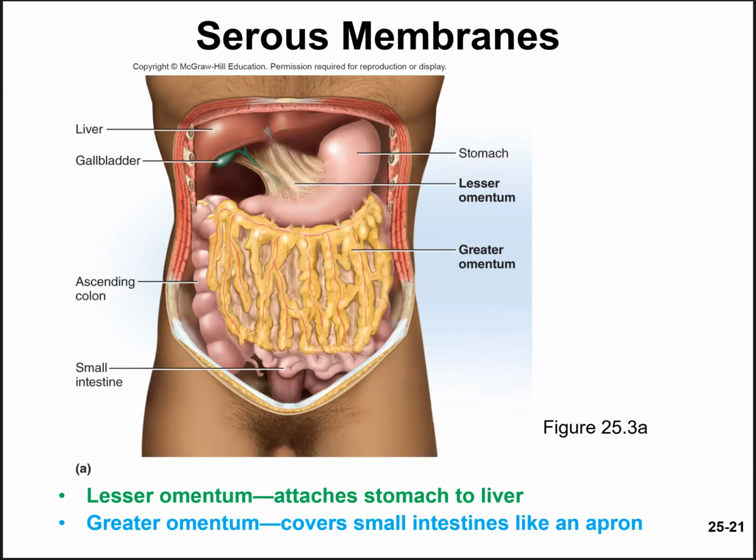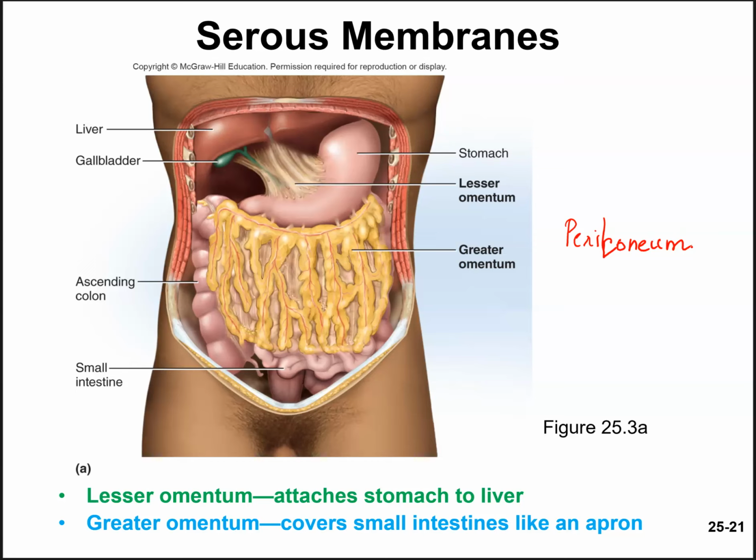The abdominal region itself is covered by a serous membrane which lines the cavity, the peritoneal cavity. And this peritoneum covers the organs. So it's called the peritoneum, and the cavity is called the peritoneal cavity.